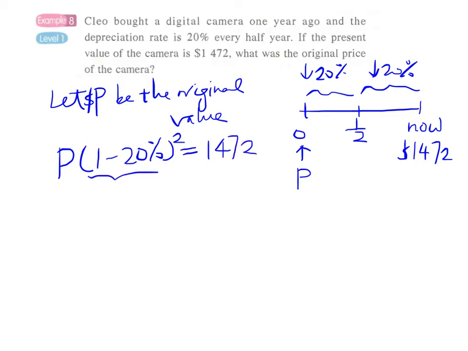And this part, we can make use of our calculator to find out its value. And this will be 0.8 squared, which is 0.64. And therefore we can find the value of P by dividing 1472 by 0.64.